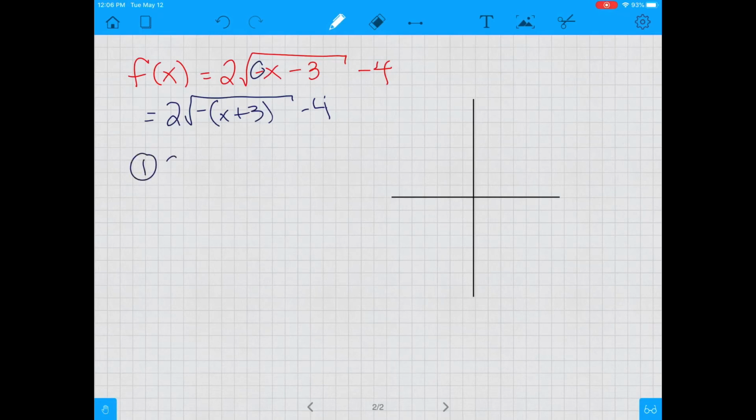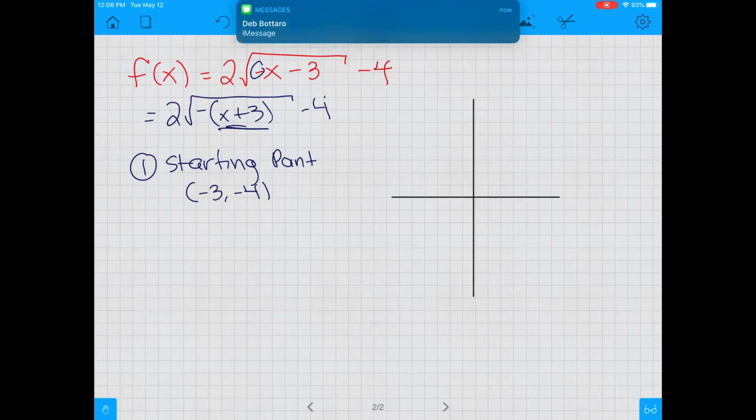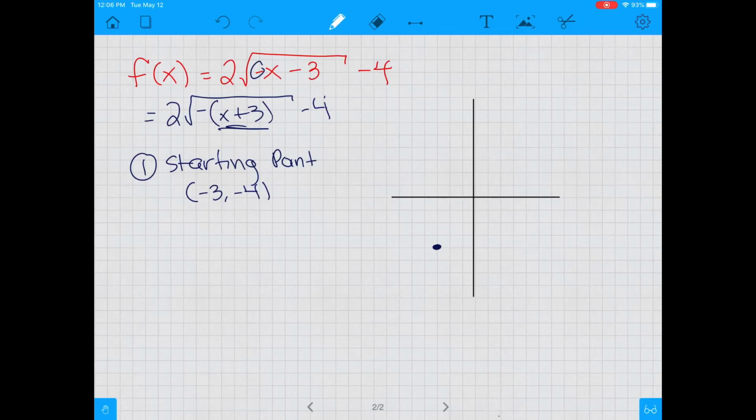Right? 1, my starting point. I'm just going to look here. I know it's going to start at -3, -4. Right? I look at what's in that parentheses. I ignore the negative on the outside because all the negative does is flip this thing over.